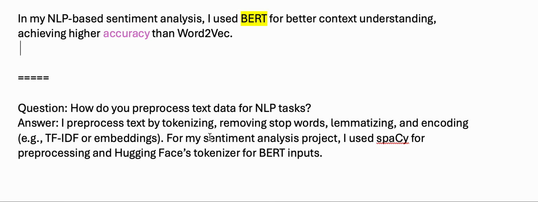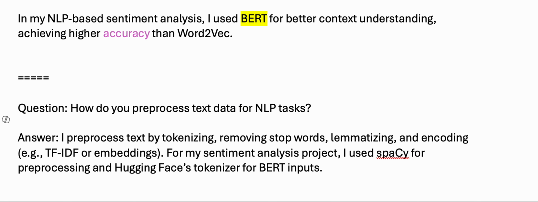Next, how do you pre-process text data for NLP tasks?